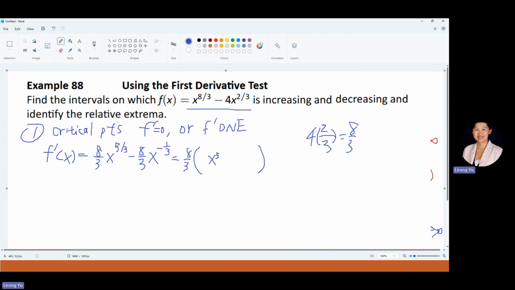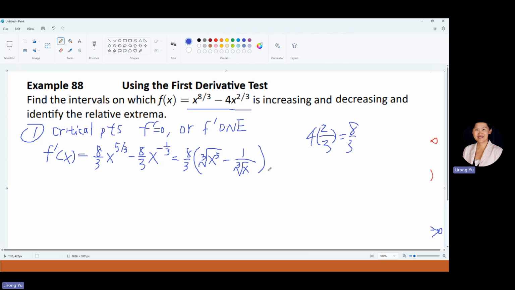The 5 in the numerator is a power, the 3 in the denominator is a root. So we get the cube root of x to the power 5, minus, and I bring the 8/3 to the outside, so minus 1 over the cube root of x. So this is a practice of converting from power form to root form.